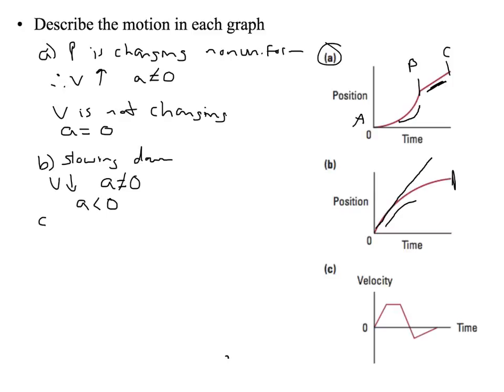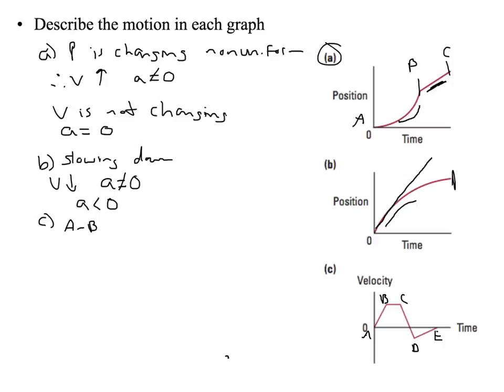Now, C is usually a little bit easier to look at if we think of it in terms of a car. So let's make a couple points. Again, we'll say this is point A right there. We'll say that is point B, C, D, and E. And that's going to make it a little easier to differentiate. So let's say between point A and point B, remember this is a velocity time graph.